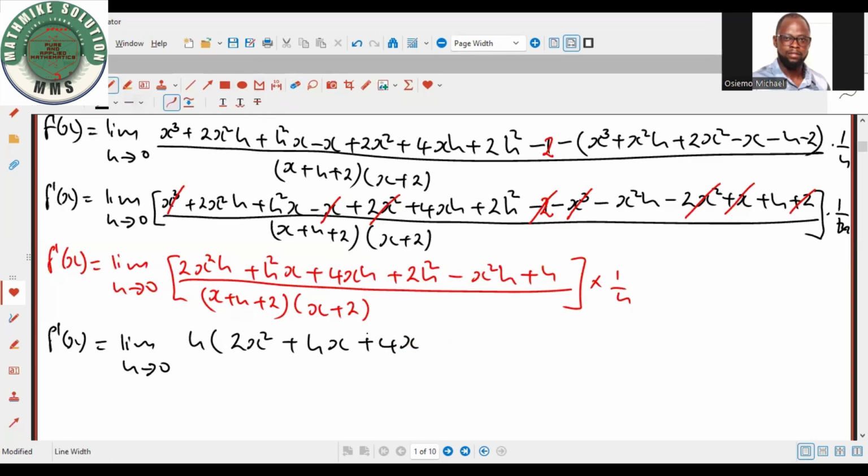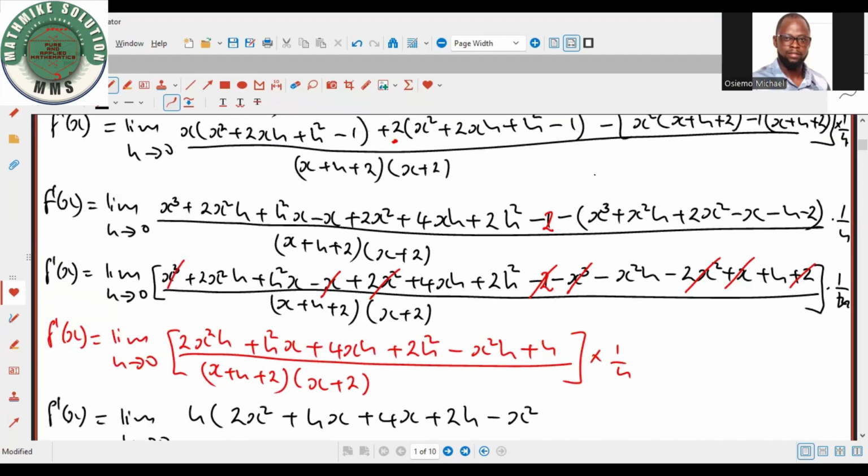Then plus 2h minus x squared. Is it minus x squared h? It will be plus, I think it will be plus.